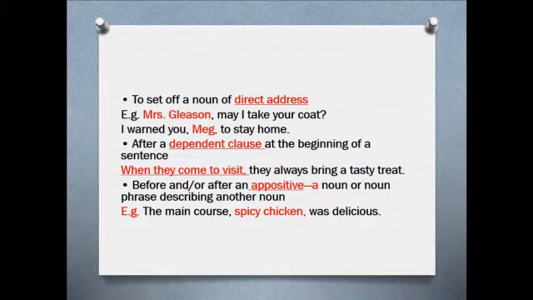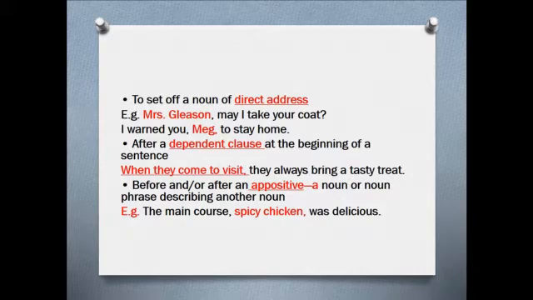So we use that after the direct address. To add to what my friend has said, it is as if you are talking to Mrs. Gleason, for example. Although you are writing, you are telling him or her, Mrs. Gleason or Mr. Abdullah or Mr. Adil, may I go to the bathroom? This is an example.